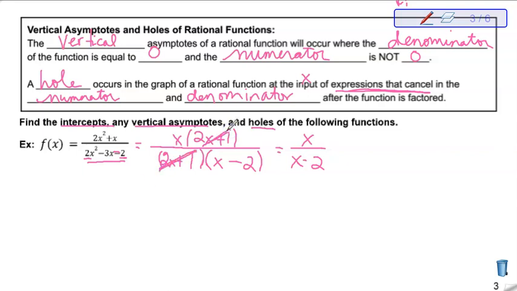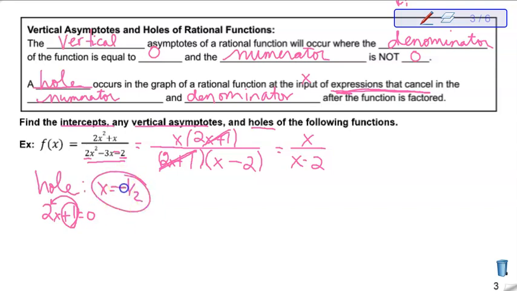Well, if those expressions cancel, we said we had a hole created at that point. So we are going to have a hole. Now, if you need to, set that equal to 0 and solve. But again, take the opposite of what you're looking at over that number. So we have a hole at x equaling negative 1/2.